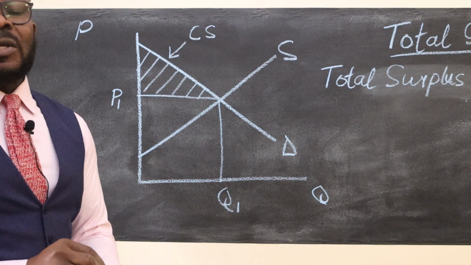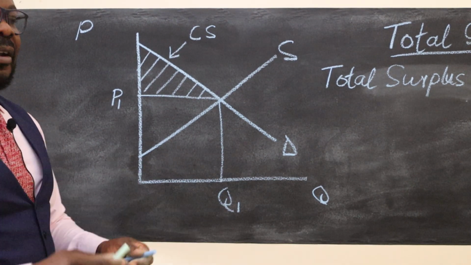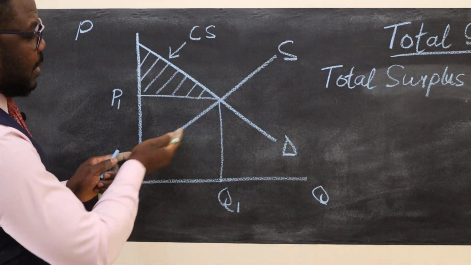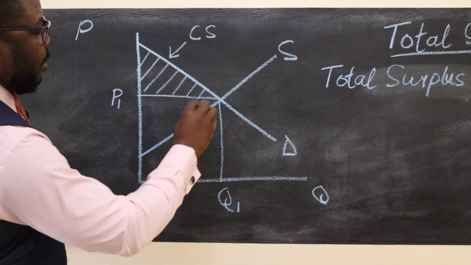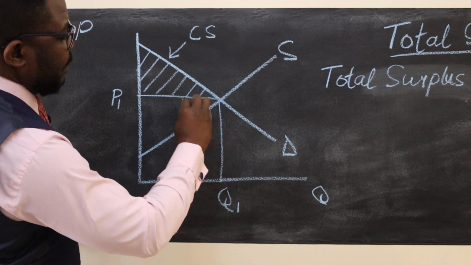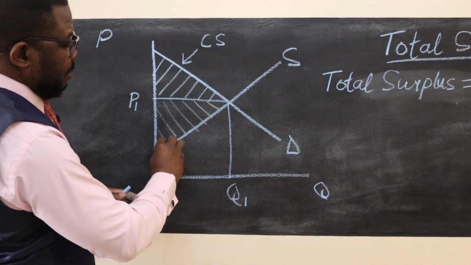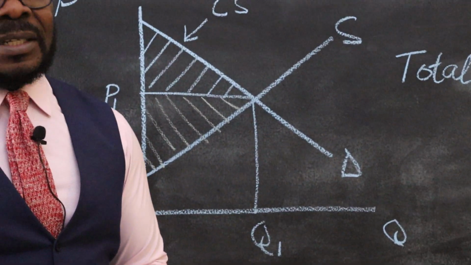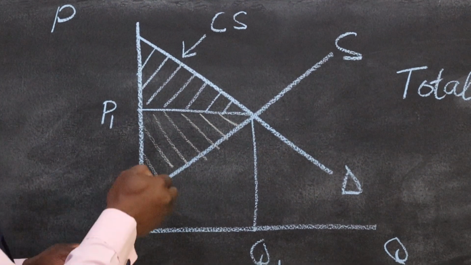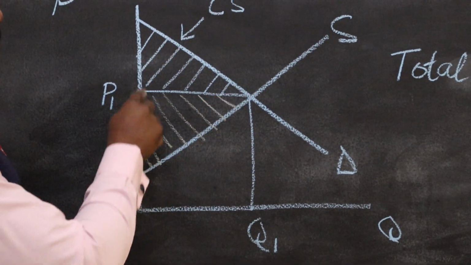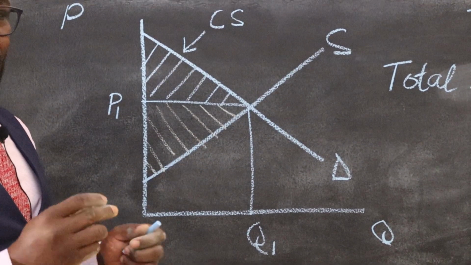The producer surplus, on the other hand, would be the area below the price line and above the supply curve. So that will be your area here. In effect, the total surplus will be the whole area over here. That's the way to look at it.